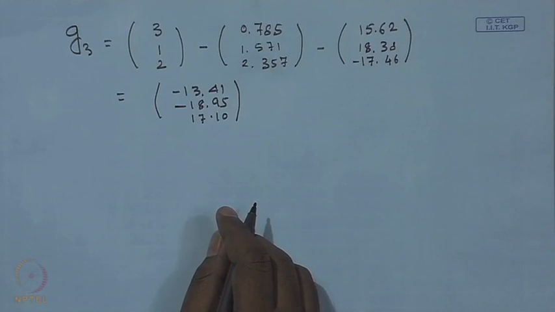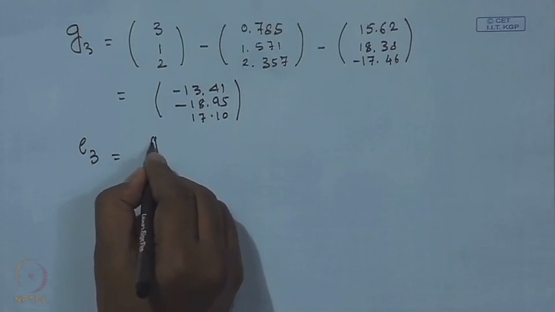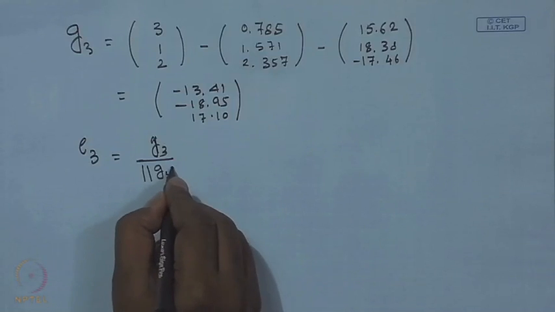but to make it orthonormal, we have to normalize G3 by this formula: G3 divided by the norm of G3.